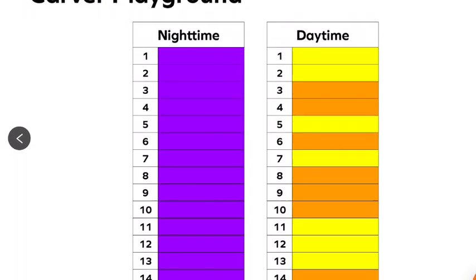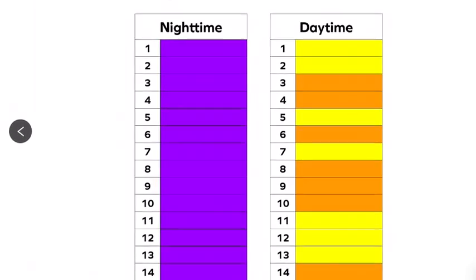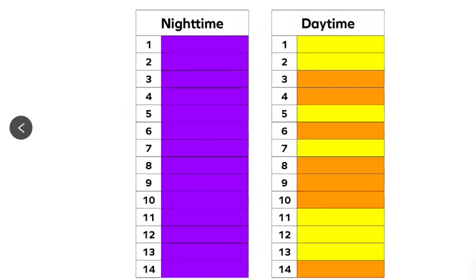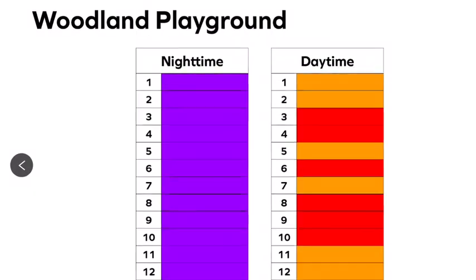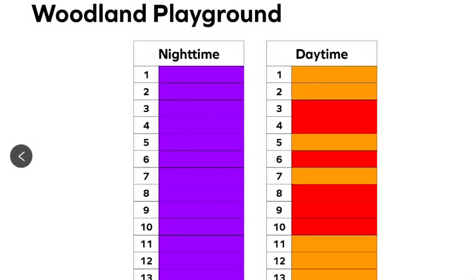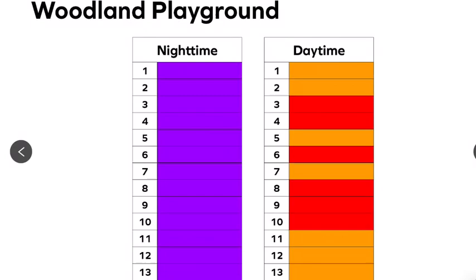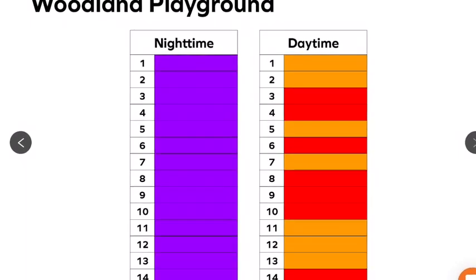Remember, purple on the thermometer means very cold. And then our daytime temperature is warm and hot, orange and yellow. Moving over to Woodland Playground, again at nighttime it's purple every night, very cold, but daytime, goodness, it's hot and very hot with that orange and red that we see on the thermometer.